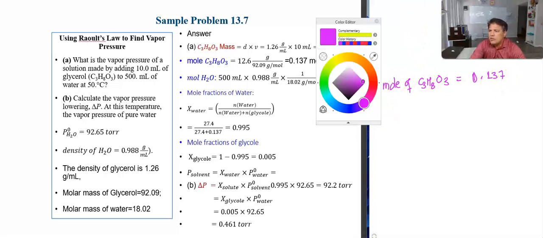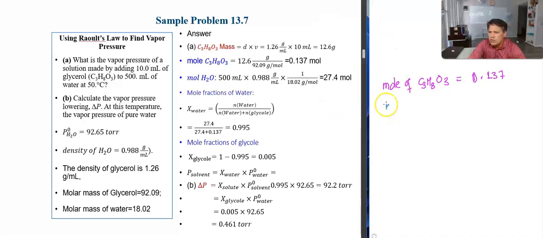Similarly, the mole of water is equal to 27.4 mole.